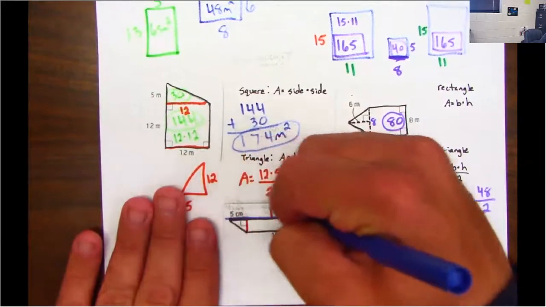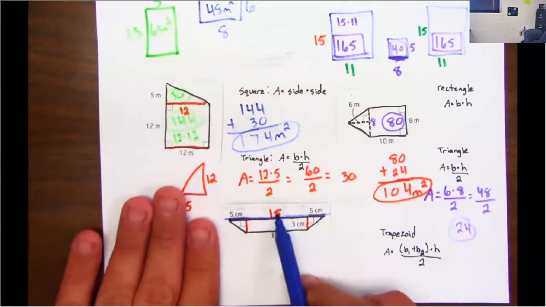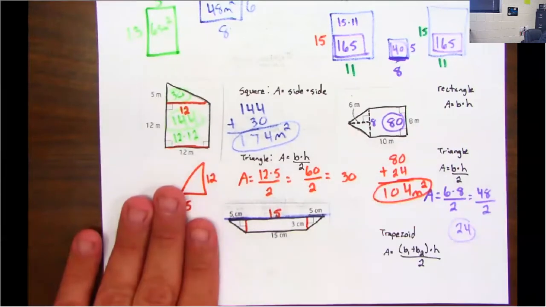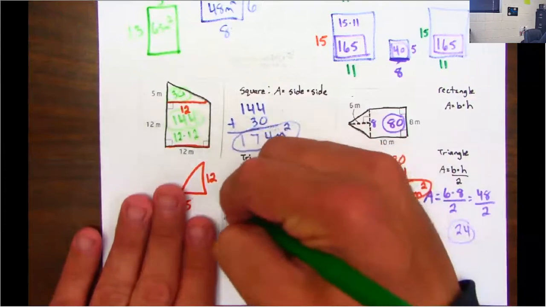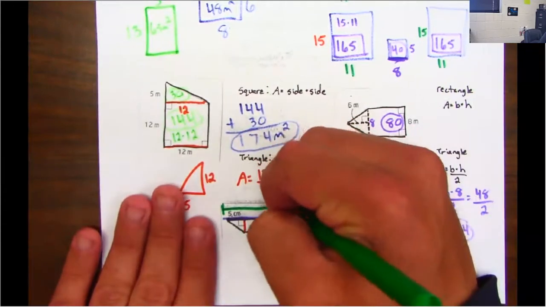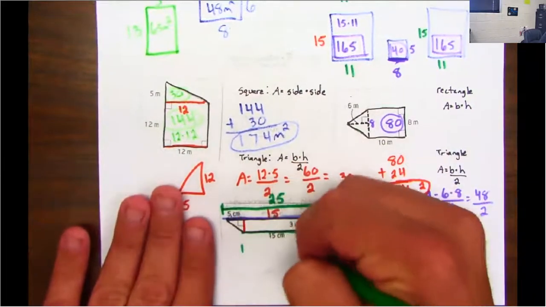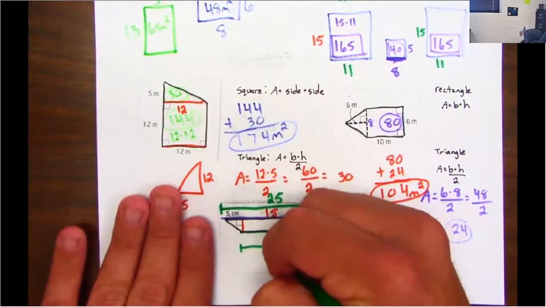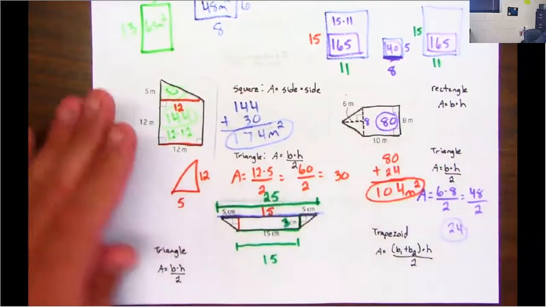What is this entire length in blue? Well, 5 plus 15 is 20. Plus 5 is 25. So that entire length is 25. Your other base is 15. Your height here is 3.